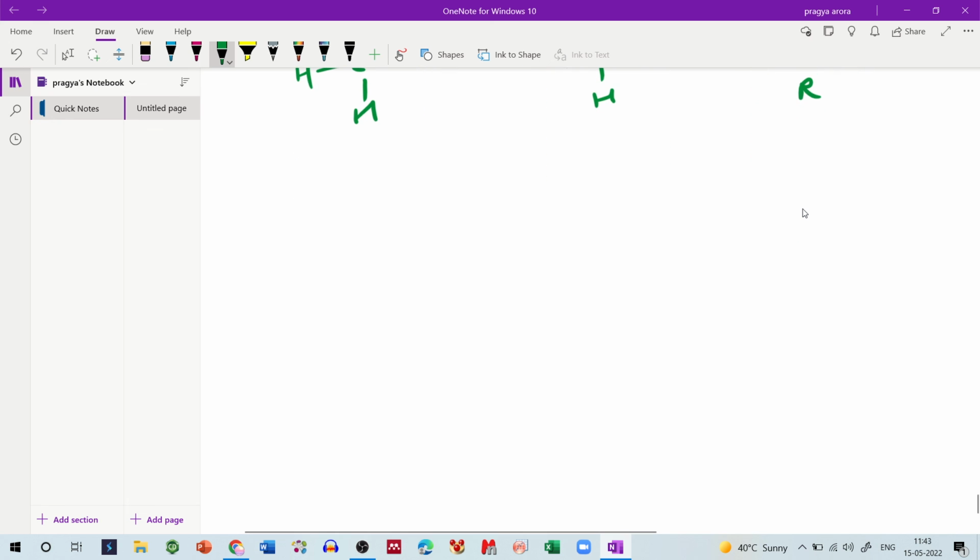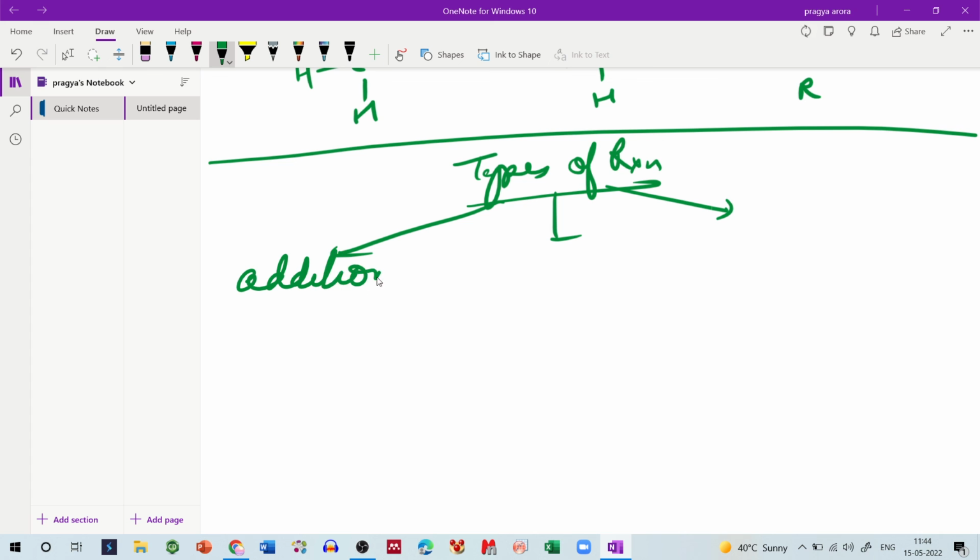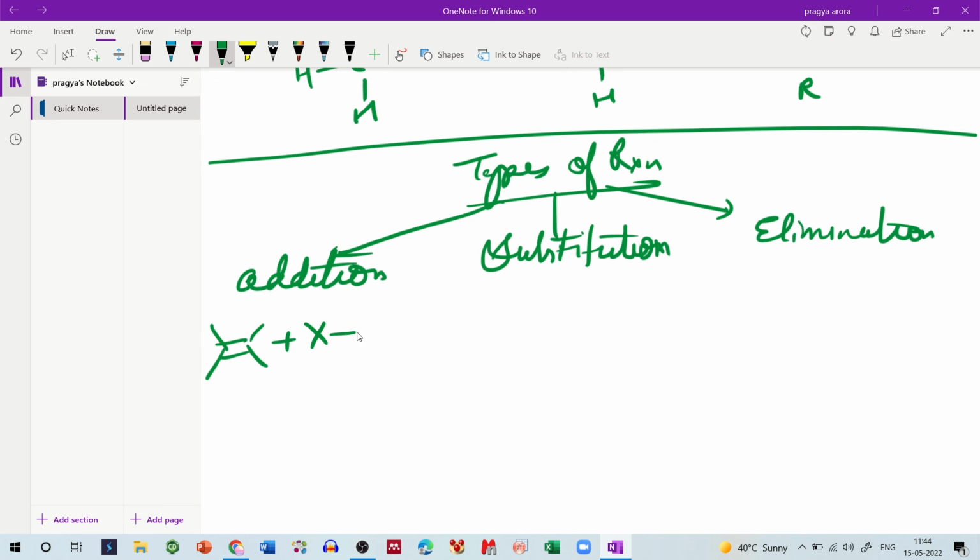Then we moved to the types of reactions in organic chemistry. We discussed addition reaction, substitution reaction, and elimination reaction. Briefly, in an addition reaction, what happens to a double bond? A group will attach and this will lead to a saturated alkyl halide.